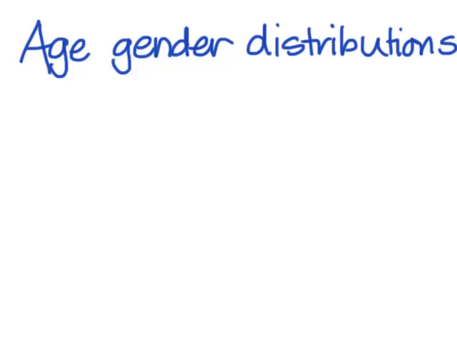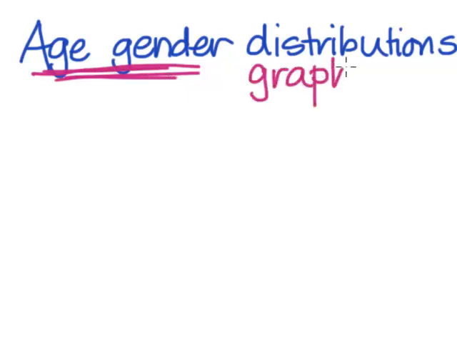We're looking at human populations and today we're going to focus on something known as age gender distributions. I'd like us to focus on the population of South Africa rather than the population of the whole world. Age gender distributions are a very particular kind of graph that enable us to look at how old the majority of the population is.